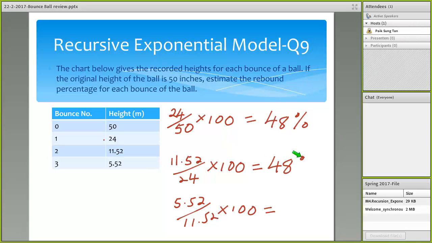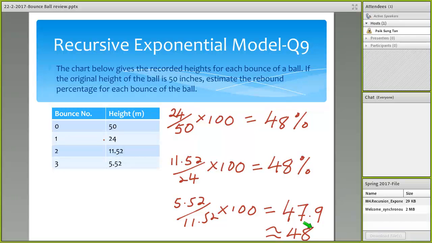You should also get 48%. Remember, this number is not always the same. In this sample, it's the same because for whatever reason, this ball probably is perfect. This is 47.9.